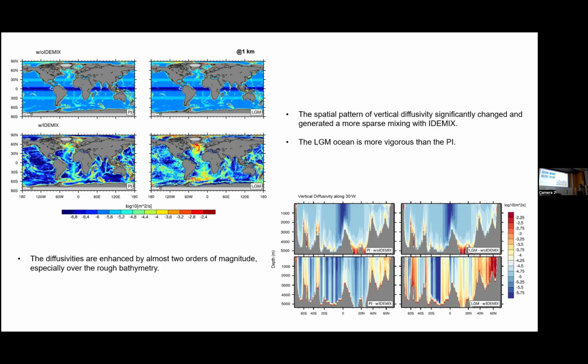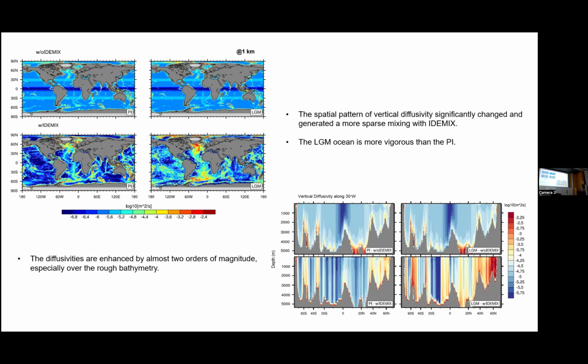And it doesn't happen the same everywhere, as you see. Here, it's also increased at the bottom, but it doesn't go all the way up to the surface, because probably the tidal forcing is not that strong.